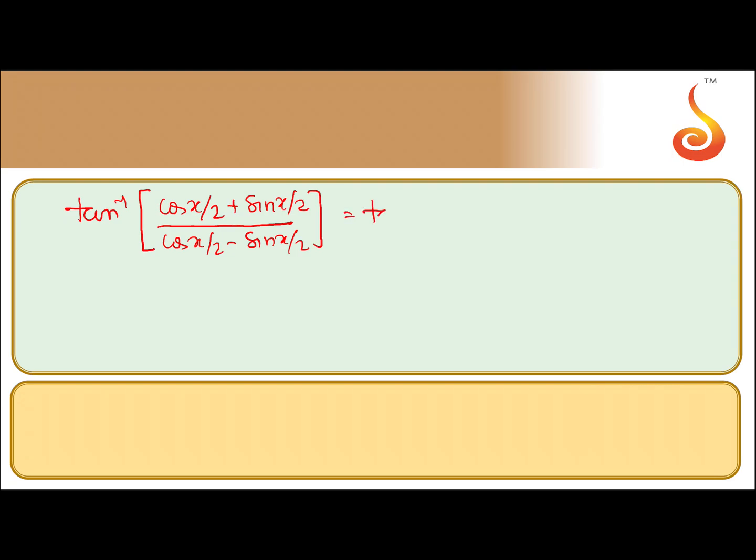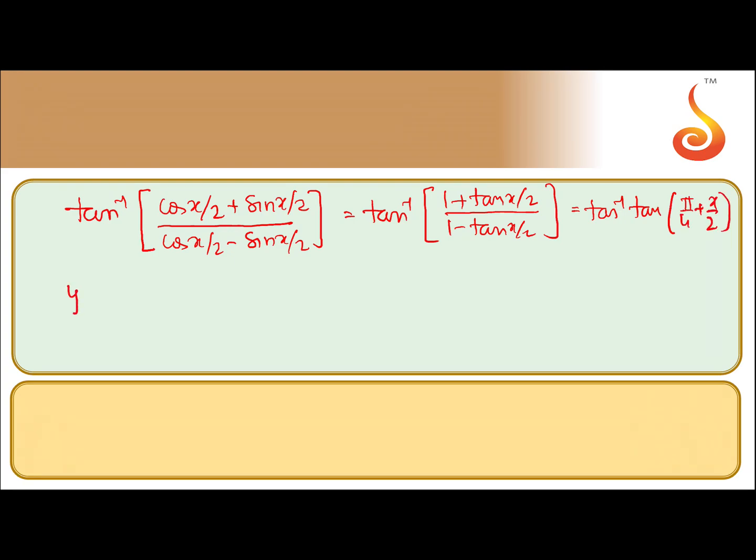So this in turn becomes tan inverse 1 plus tan x by 2 by 1 minus tan x by 2. This in turn becomes tan inverse tan pi by 4 plus x by 2. So finally we get y equal to pi by 4 plus x by 2.